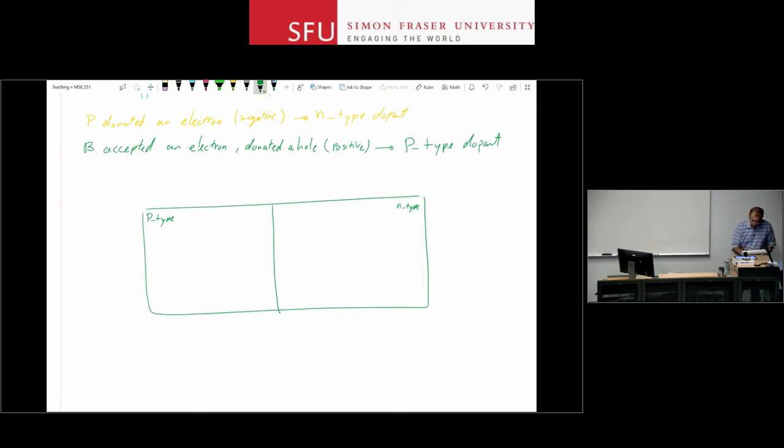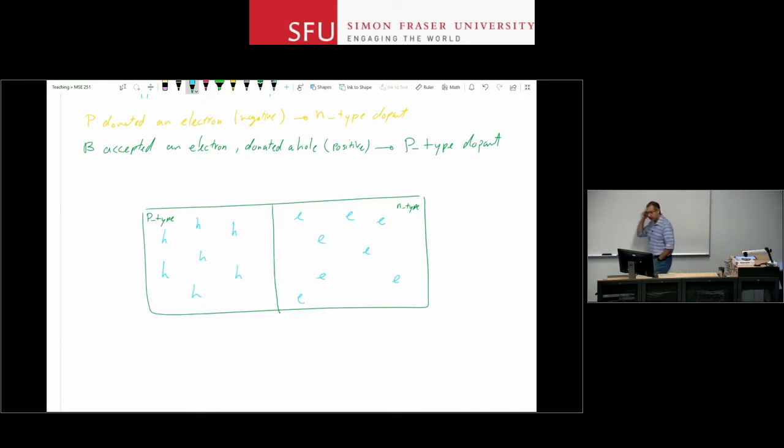Now something super interesting happens right away. So what happens on the N side is that I know I have extra electrons here. I know I have electrons that can move about, and those contribute to charge conduction. They are loosely connected to the lattice. On the P side, I have holes that again are moving around. I have extra concentration of holes on the P side.